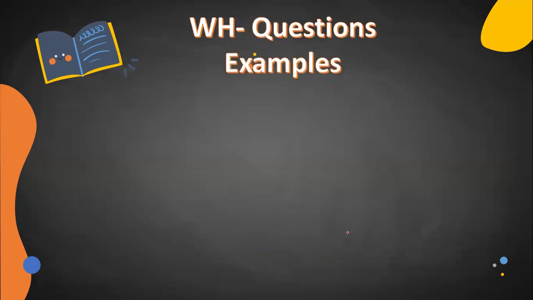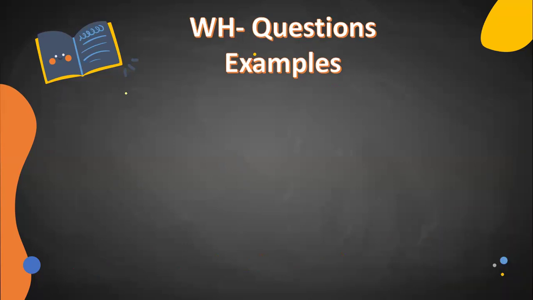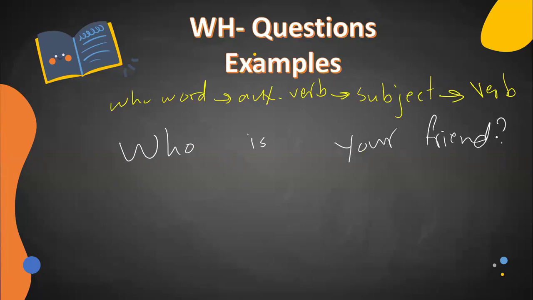Okay, now what about the WH questions? Of course, we have to start with the WH words, then the auxiliary verb, after that the subject, and the last thing is the verb. Okay, now let's write some examples here. Who is your friend?